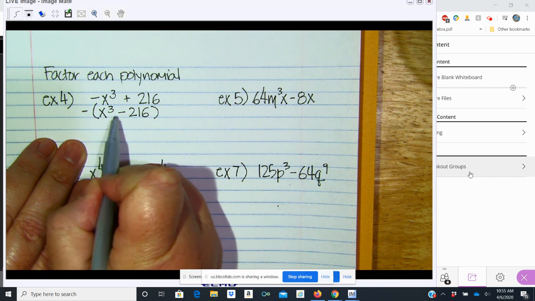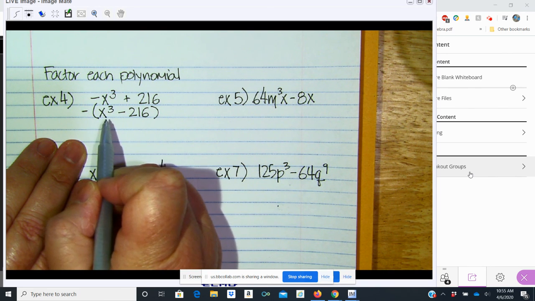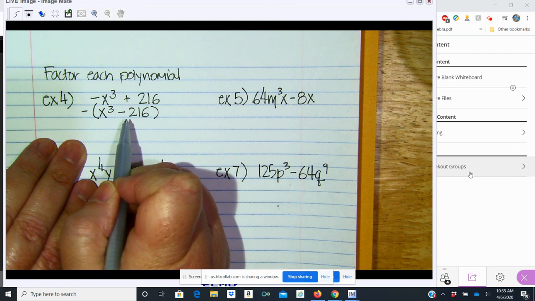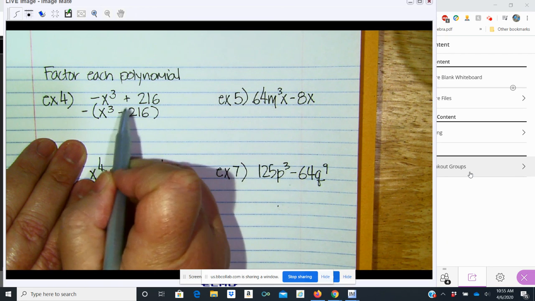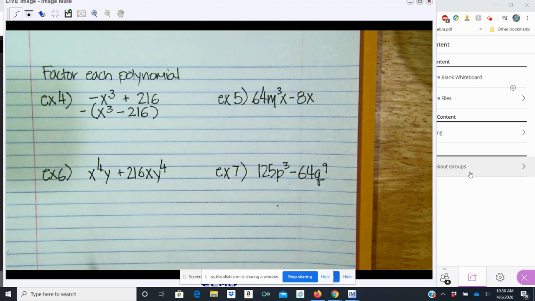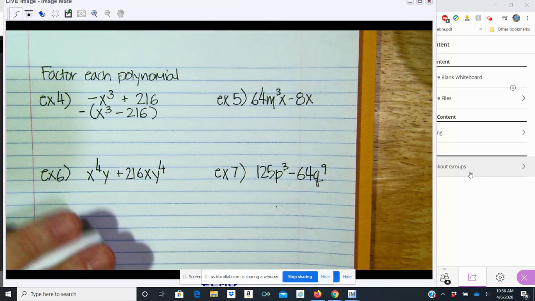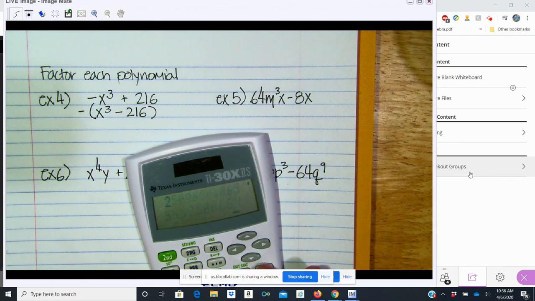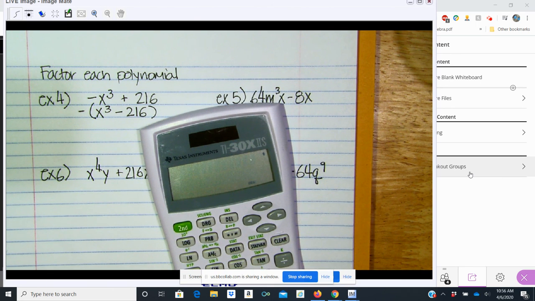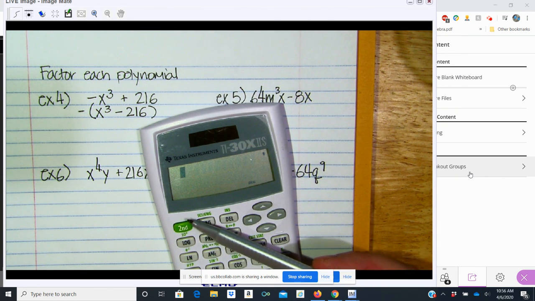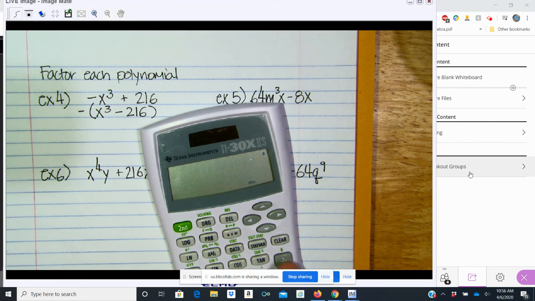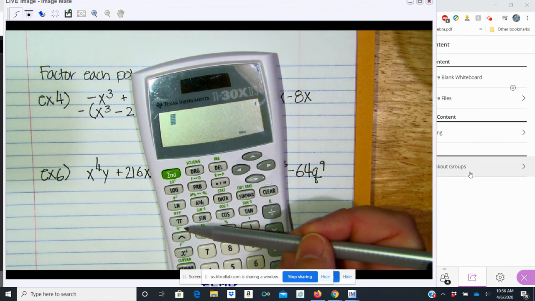Now, x to the third is a perfect cube. So I want to check and see if 216 is a perfect cube. I've got a list, but if I don't know my list, your cube root is going to be in this first row here on my calculator. It's that green one right there.